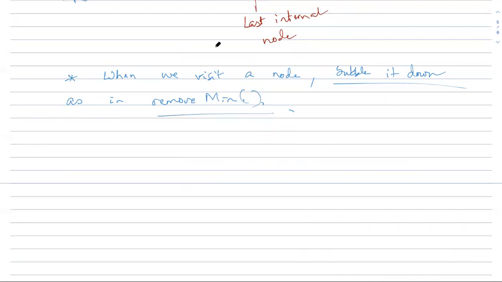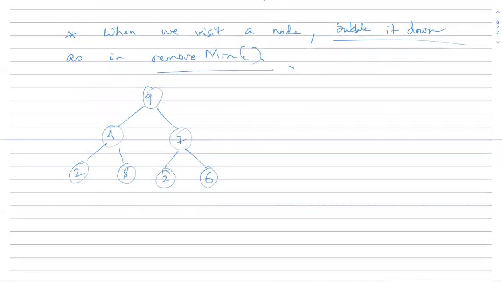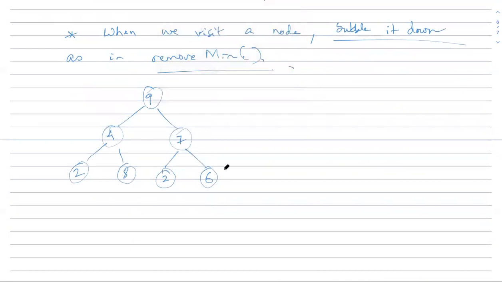So let's take an example. Suppose I have just randomly created this tree. So 2, 8, 2, 6. Okay. So what is the last internal node here? You can see 1, 2, 3, 4, 5, 6, 7.